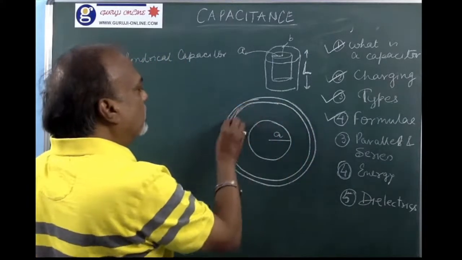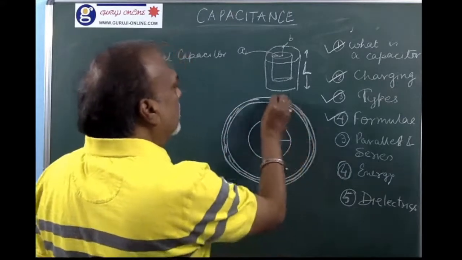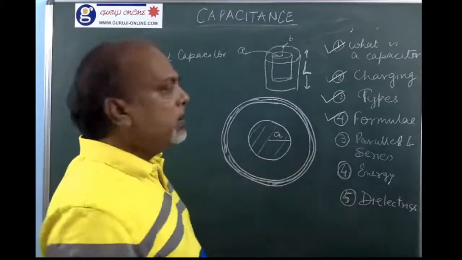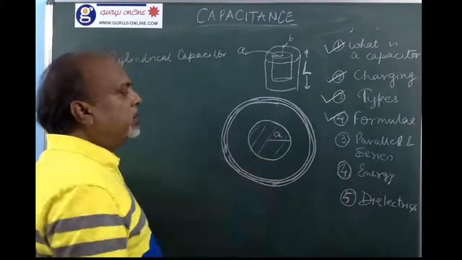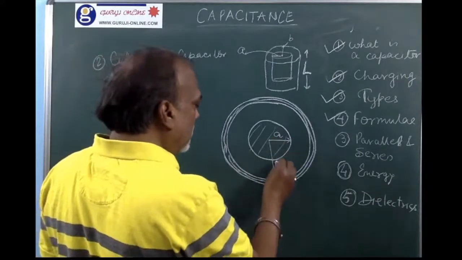So this is your outside cylinder and this is your inside cylinder, and there is a gap. This is your A and this is your B.